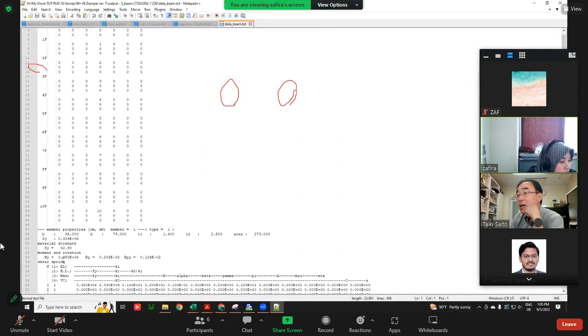From My, 3500 times 1.3 divided by 2. So it means both ends of the steel beam are yielding, and My is this value.